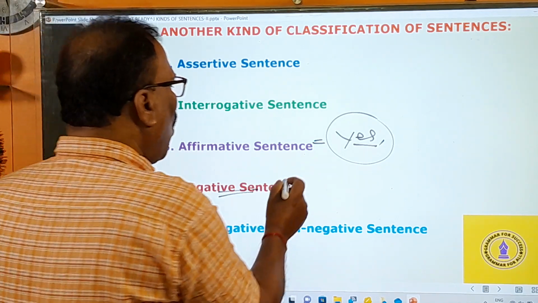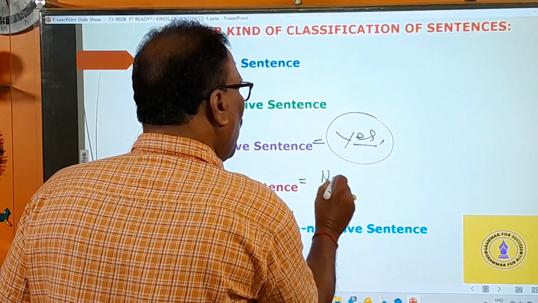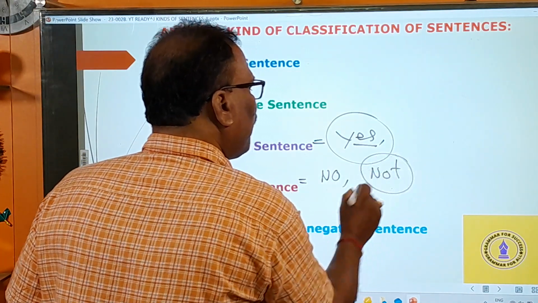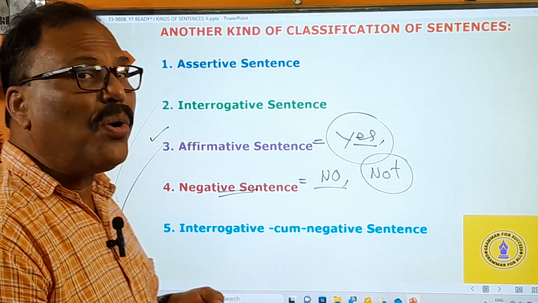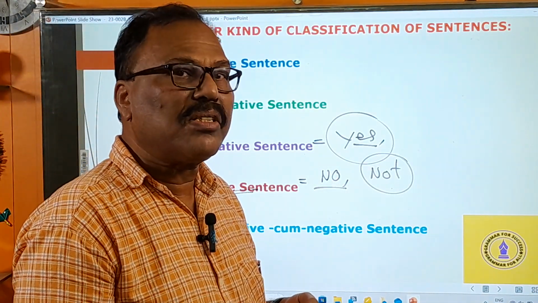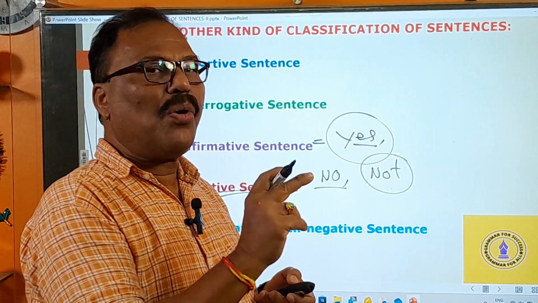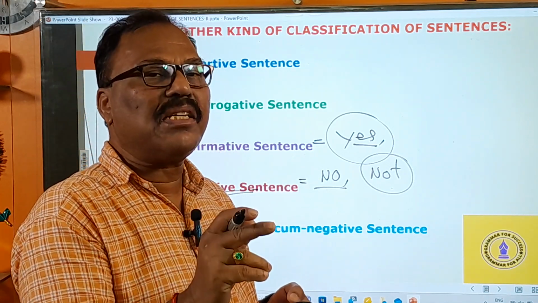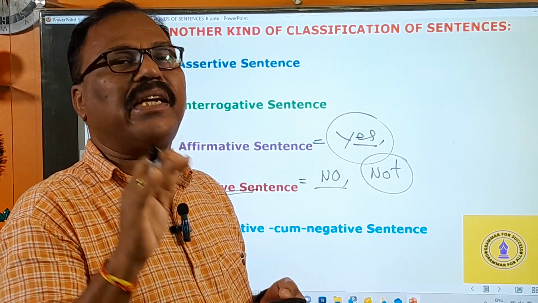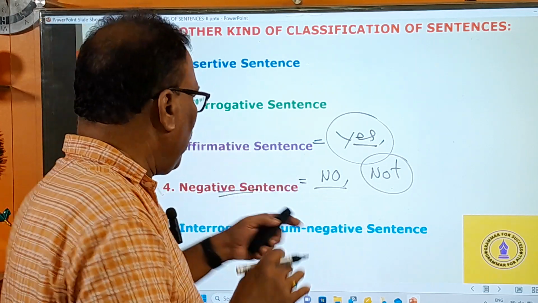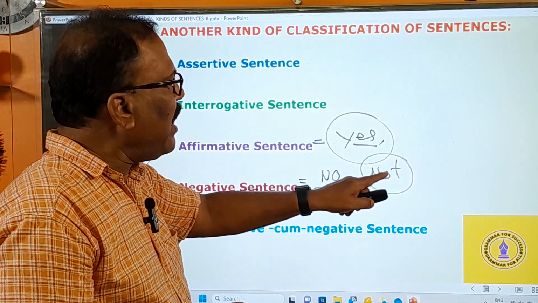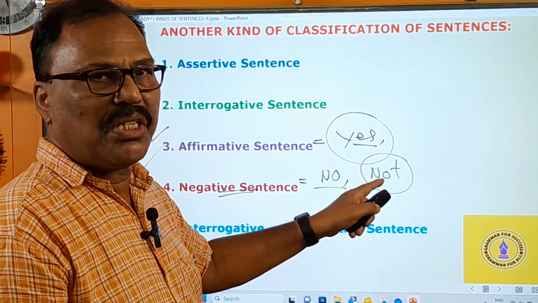So therefore all negative sentences begin with no and they contain not also in them. No, he is not a police officer. No, she is not a nurse. No, they are not cricketers. These negative sentences begin with no and contain not also. These two things will be there.